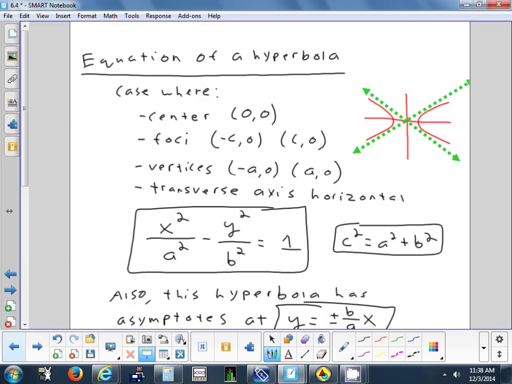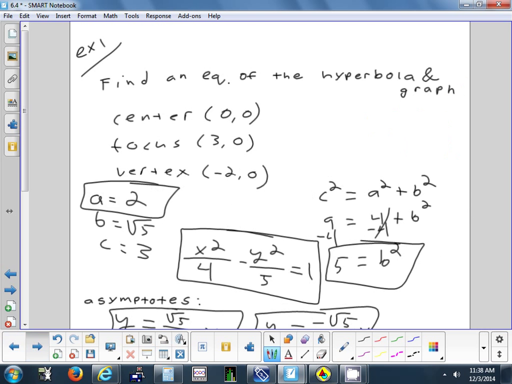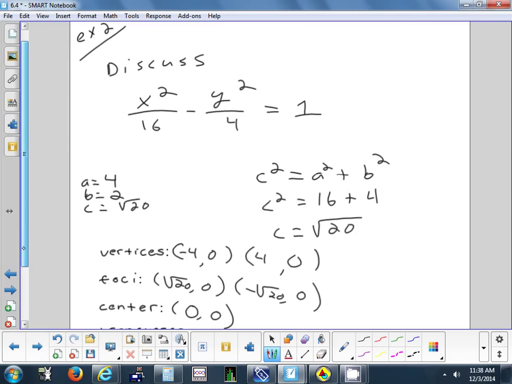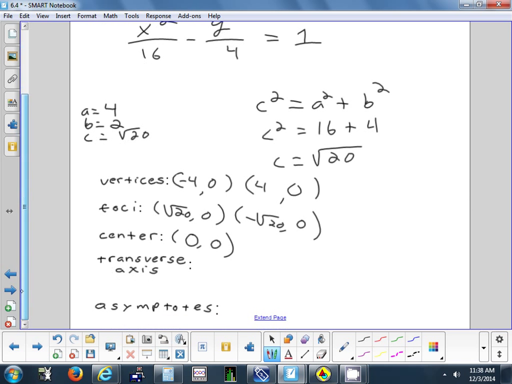You can't look where the bigger number is. That's not going to help. You look at which one is positive. If x is positive, transverse axis is horizontal. If y is positive, then the transverse axis would be vertical. Which one is positive there, x or y? X. So x is your horizontal. Okay, so transverse axis is horizontal.